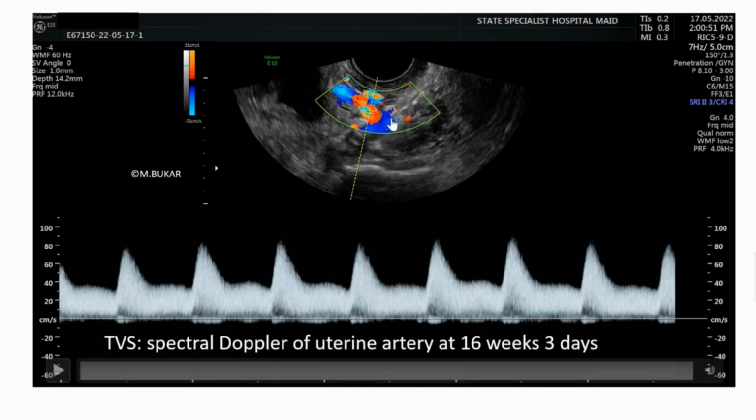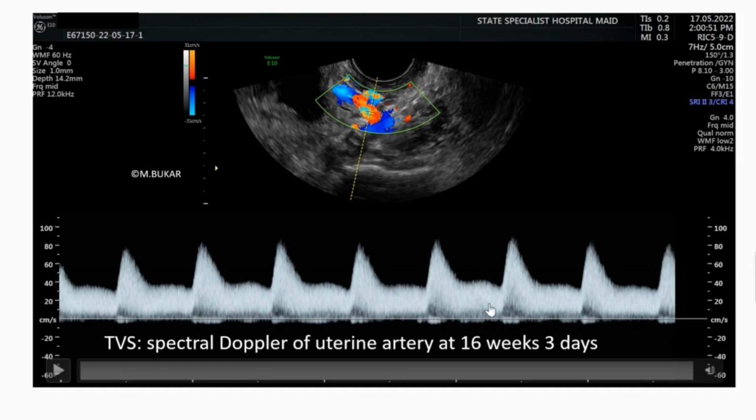This is a transvaginal image in the second trimester of pregnancy, demonstrating the spectral Doppler of the uterine artery. Here you can see subtle diastolic notches.